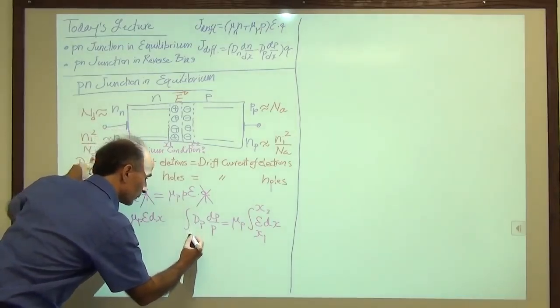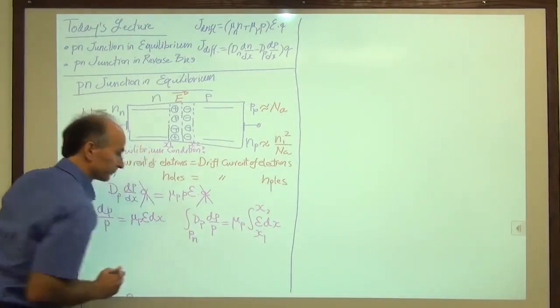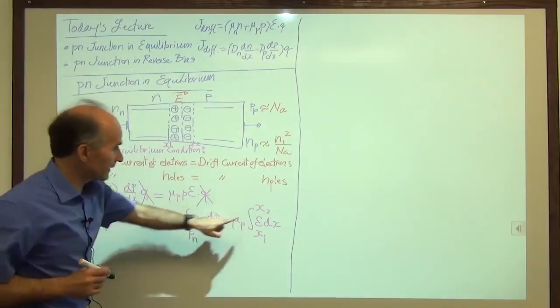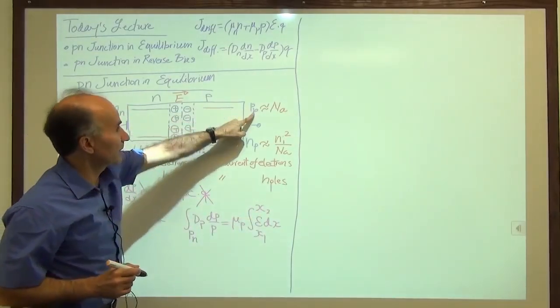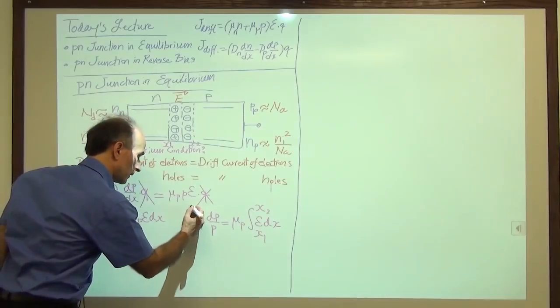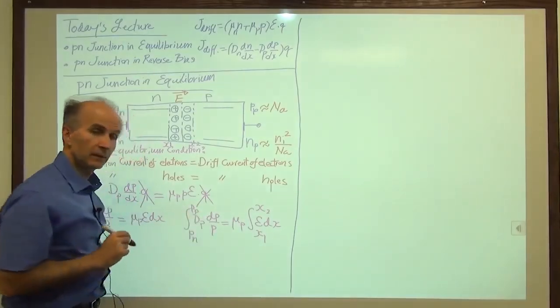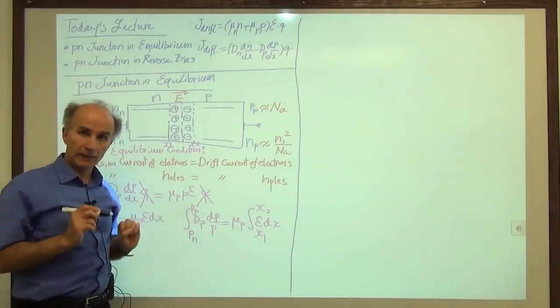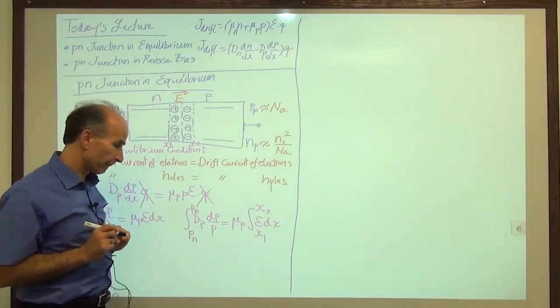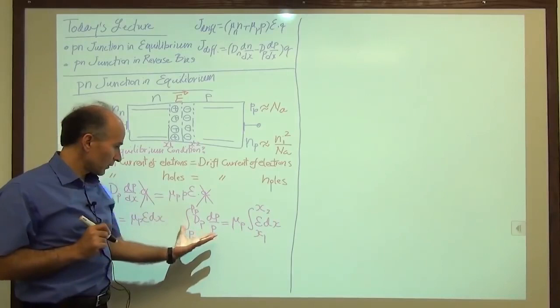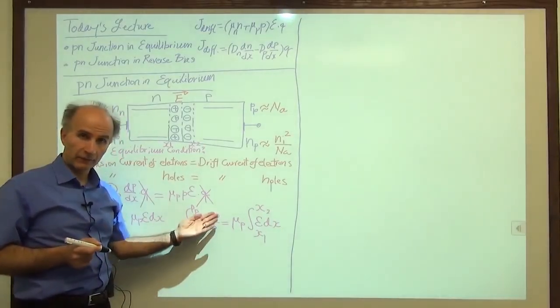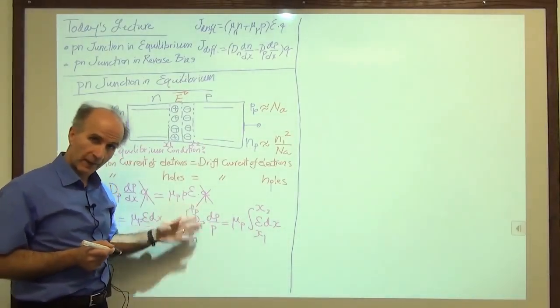So this would be p sub n, and the hole density at x2 is given by p sub p. So that's p sub p. So that is the integration that we have to perform. Now, the integration on the left is not that hard. We just have dp over p, so that's log of p. We can satisfy the limits.